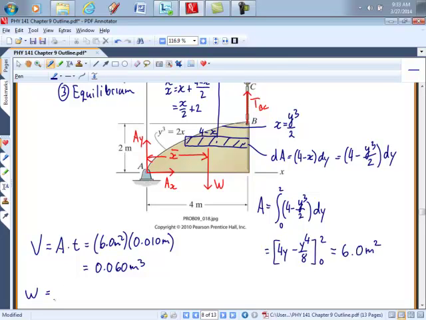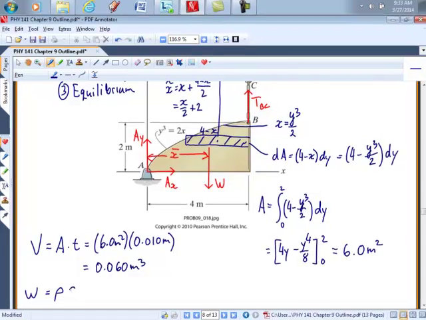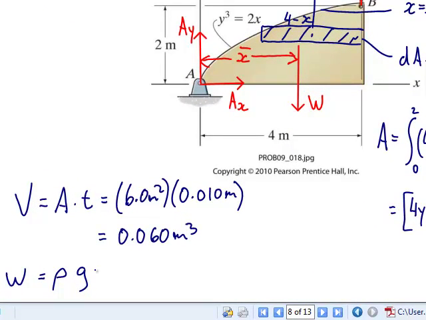Weight is equal to the mass density, which was given, times acceleration due to gravity, times the volume.